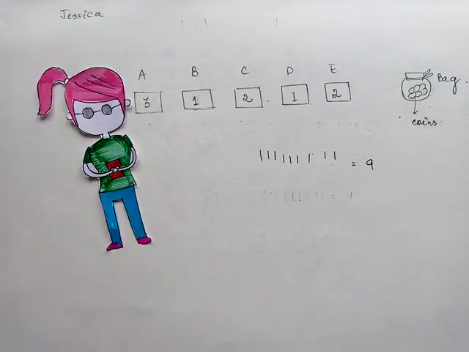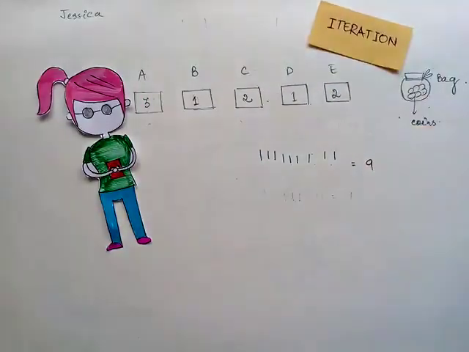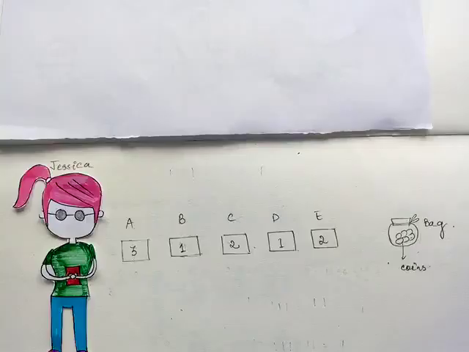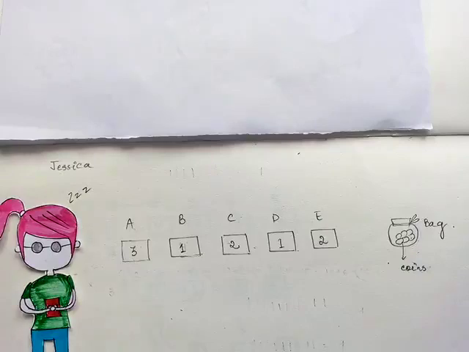So this technique is a way to calculate the sum of numbers in this case. But can we use another technique? Let us consider another case wherein Jessica is asked to count the number of coins again. But this time she is really lazy and she does not want to go to each person and ask how many coins they have.